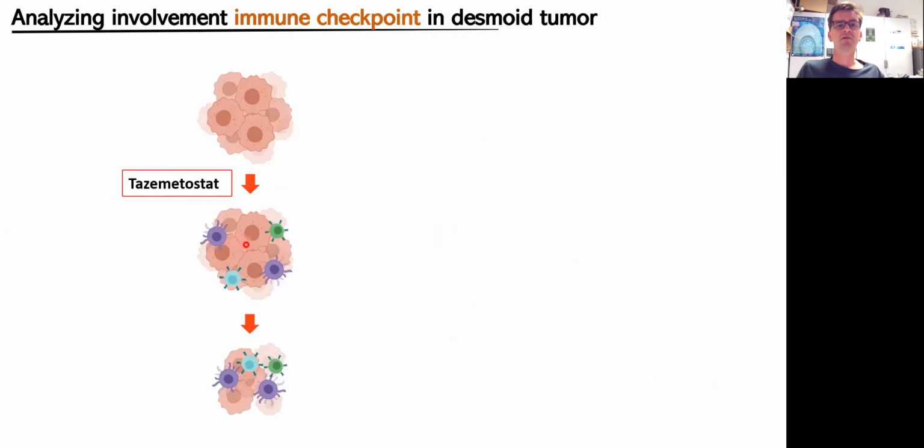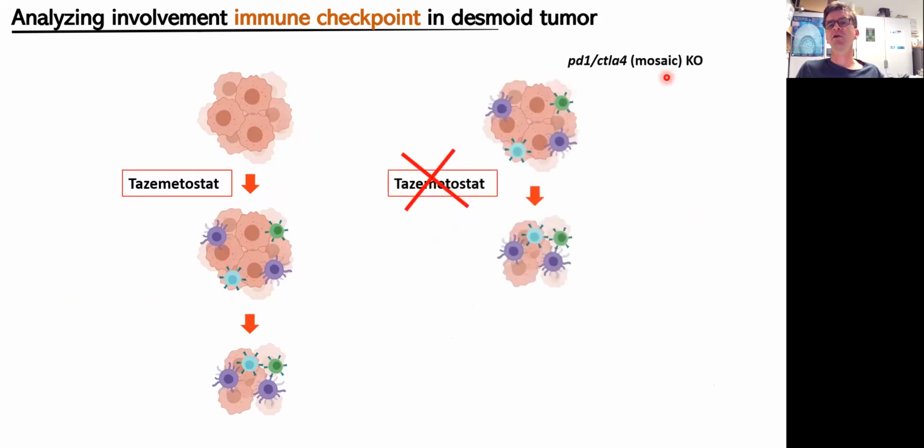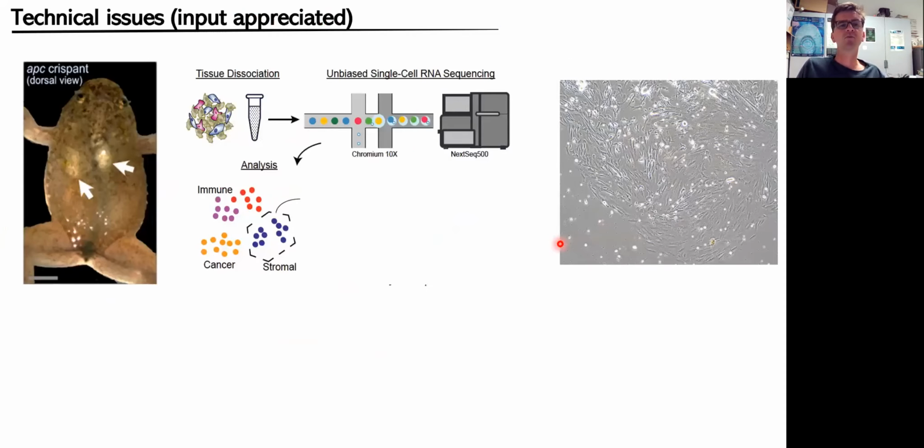What we expect is that while recruitment of the immune cells requires tazemetostat in wild-type animals, in a PD-1, CTLA4 mosaic knockout this recruitment can occur in the absence of tazemetostat and already lead to shrinkage of the tumor. So in practice, we may see fewer or smaller tumors developing in these animals.